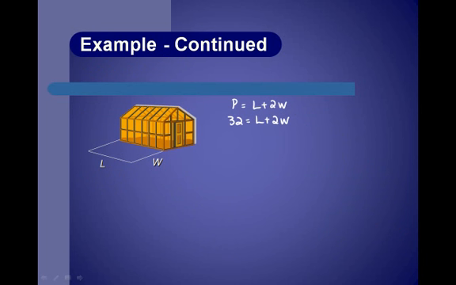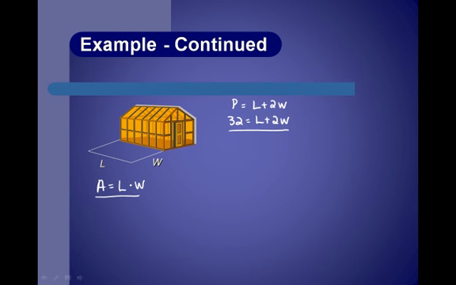Okay, we're trying to find the length and width of the garden that would give us a maximum area. Well, area is length times the width. So now we've got two formulas, area equals length times width, and this perimeter formula, but we need to get it down to one formula with one variable.